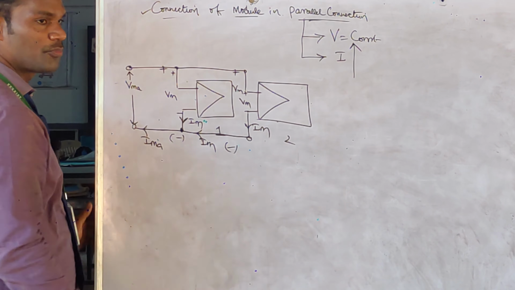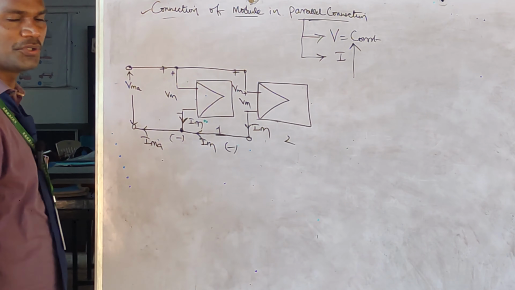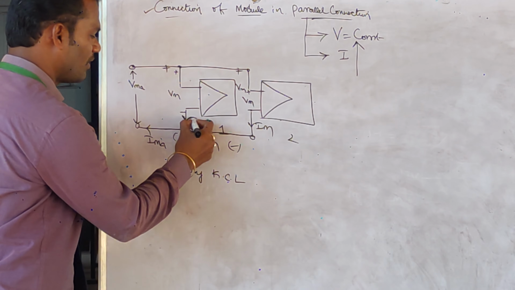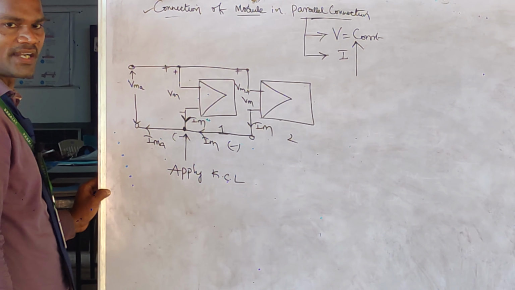So here I am going to apply nodal analysis. In order to find the current, what do I have to apply? Apply Kirchhoff's current law to find the resultant current. So at this node, what are the entering currents and what are the leaving currents?